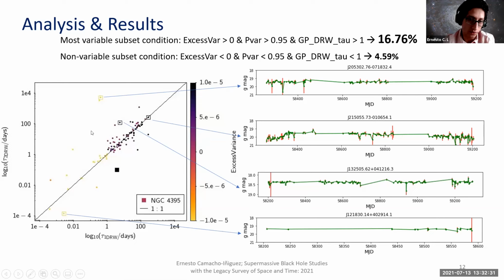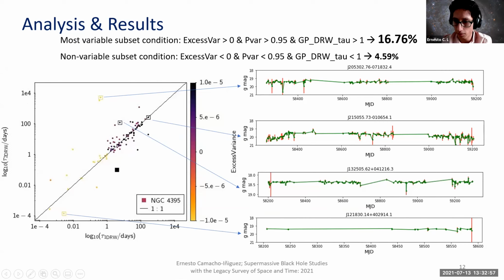Here in this figure on the left, I present again tau2 versus tau1, color-coded by excess variance. But here, what I want you to see is that these darker points represent the most variable subset, and the yellow points represent the non-variable subset. And at the right, you can see the light curves for some of these particular sources, 2 non-variable and 2 variable.